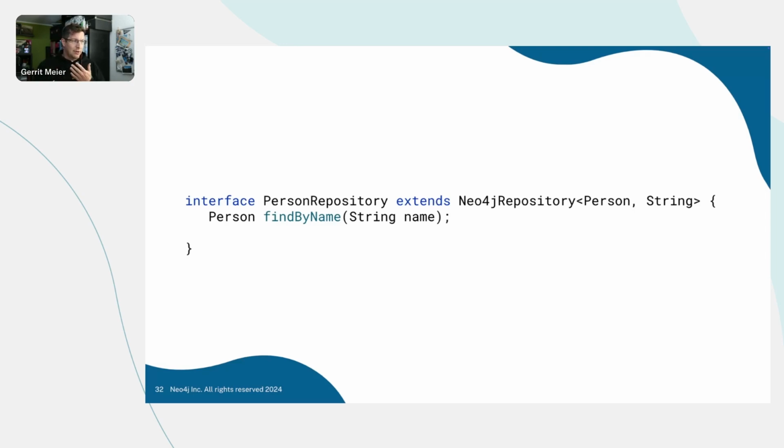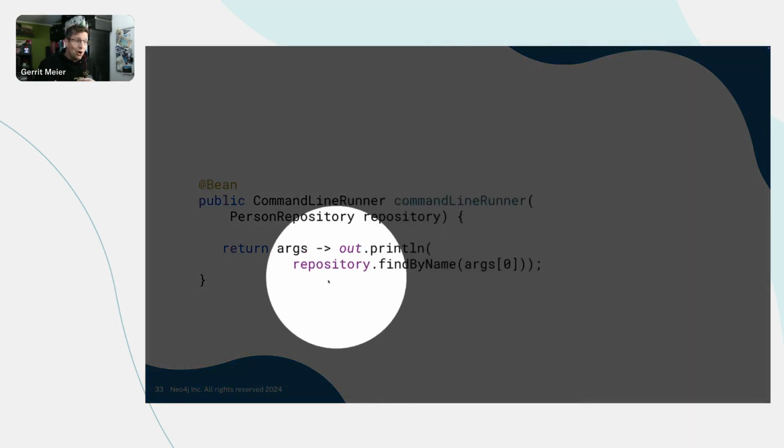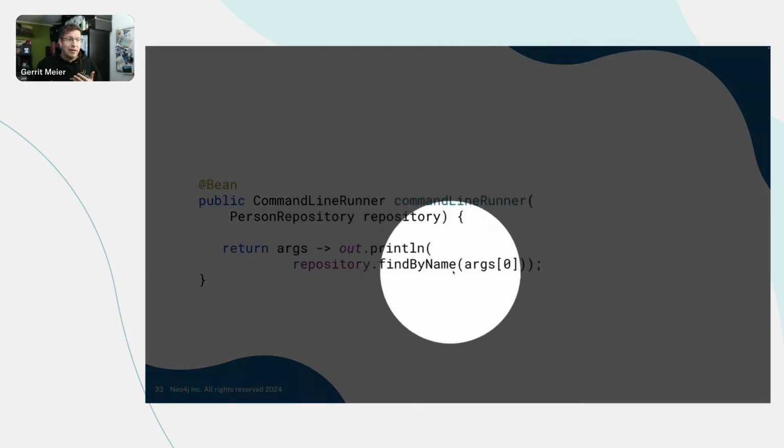Okay, if you have looked closely, the ID is the name, so it's redundant in this case, but it also works. And with this, you don't need to do any more than saying, okay, I want to call my repository with find by name.